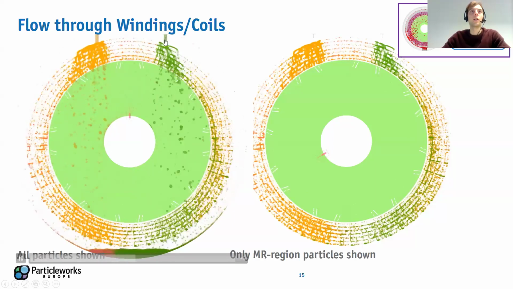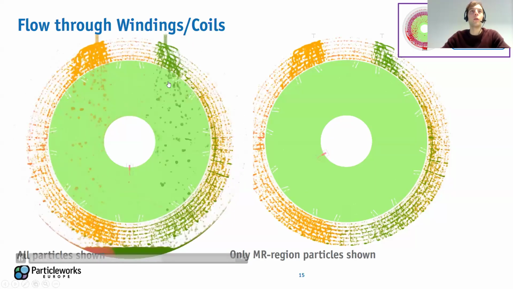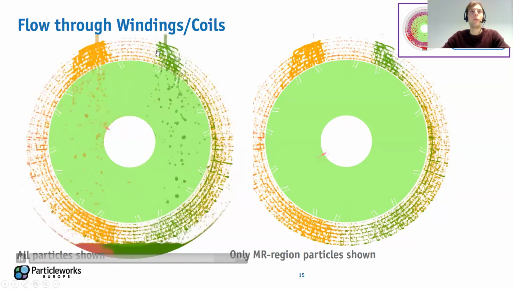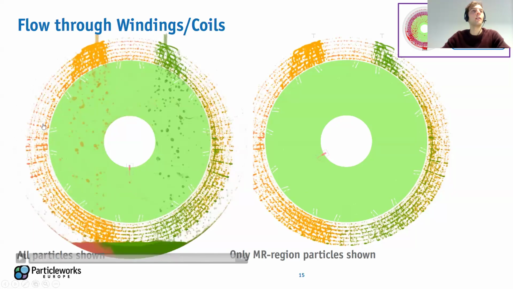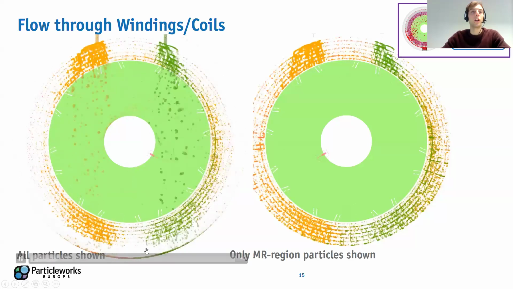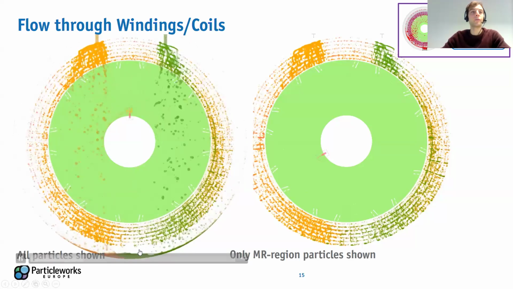So particles are bigger, then smaller, then converted back to bigger when they exit the multi-resolution region that is, let's say, around the windings. And then you can see the accumulation of oil also at the bottom.